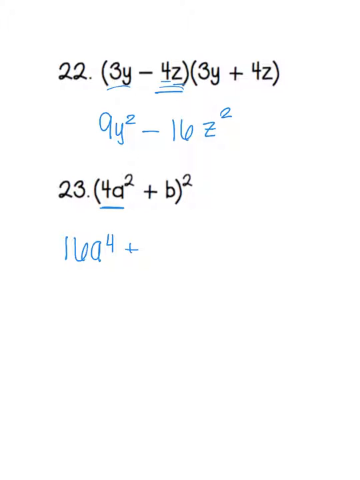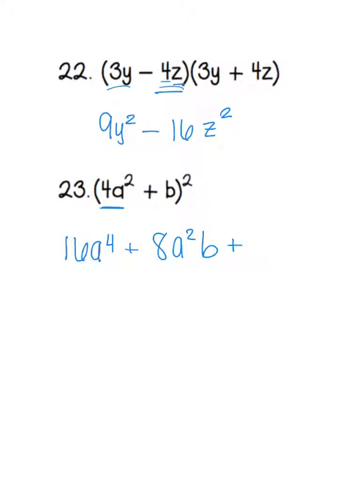The product of 4a squared and b is 4a squared b, and then twice that, so just double that, is 8a squared b. And the last part is plus the square of the second term.